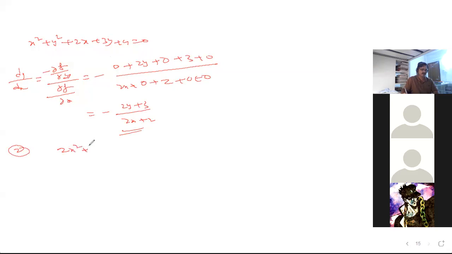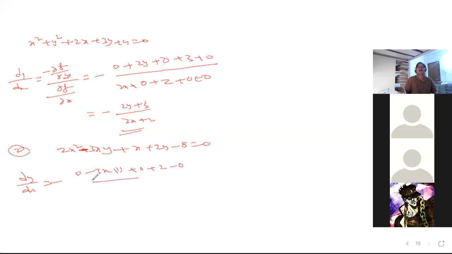Okay, 2x square minus 3xy plus x plus 2y minus 8. Tell me by this method. dy by dx with a minus. Differentiate with respect to y: this is 0, this 3x stays constant, differentiate y gives 1, this is 0, this is 2.